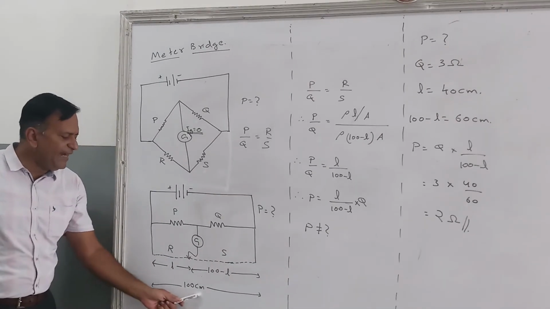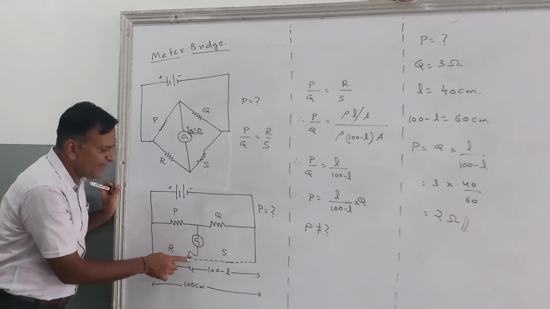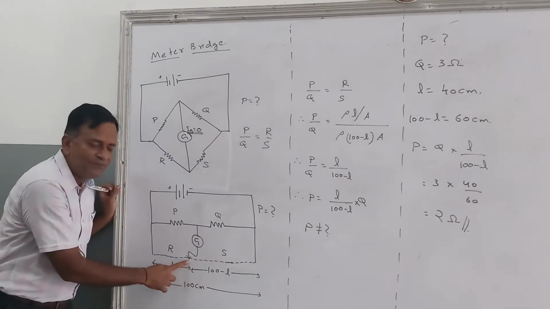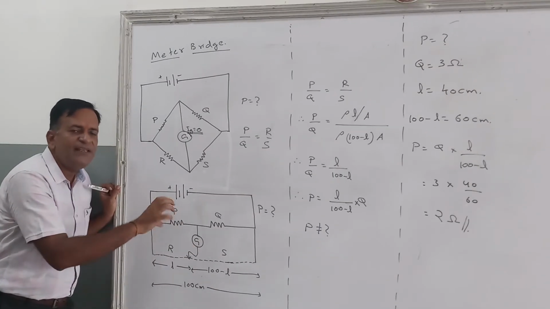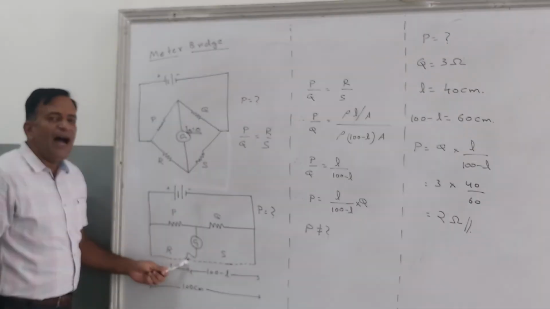It is 100 centimeters. This is a movable contact. Remember, whenever there is an arrow, it means there can be variation. It is movable.